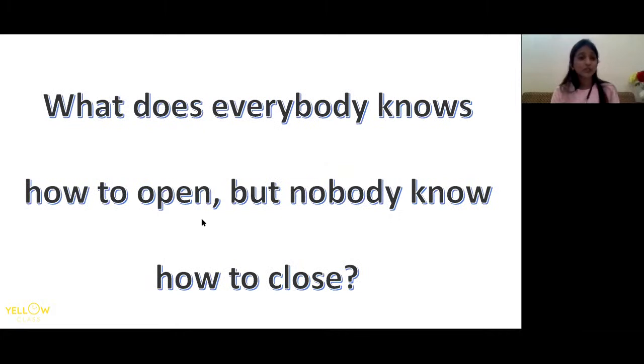What does everybody know how to open, but nobody knows how to close? Okay, I will read it again for you. It is a thing which everybody knows how to open, but nobody knows how to close. What can it be? Think.